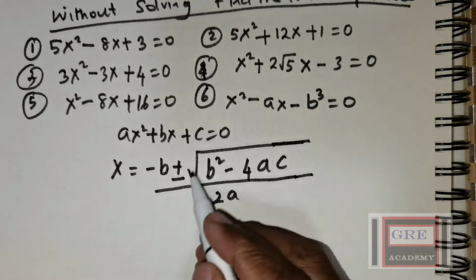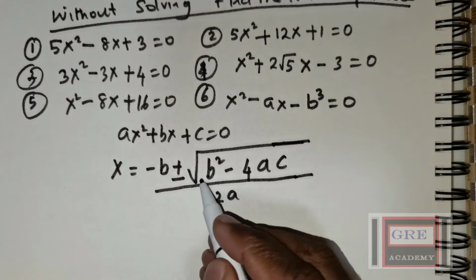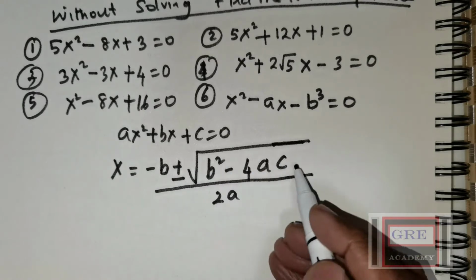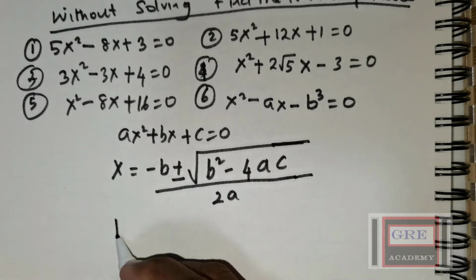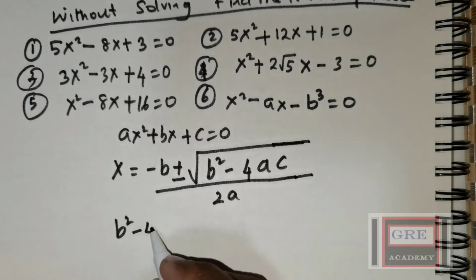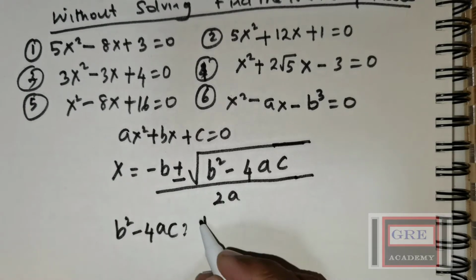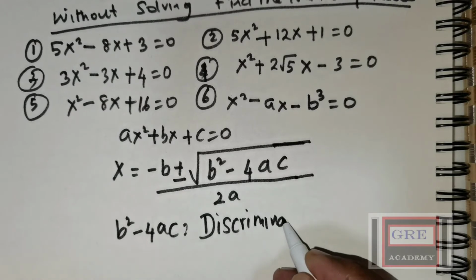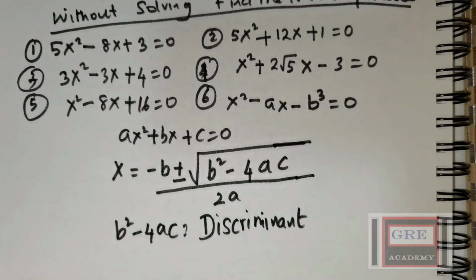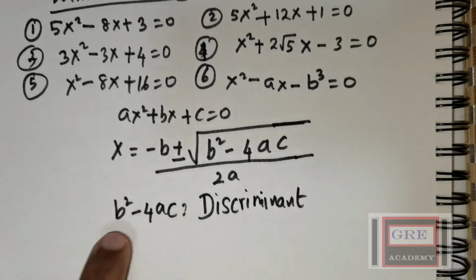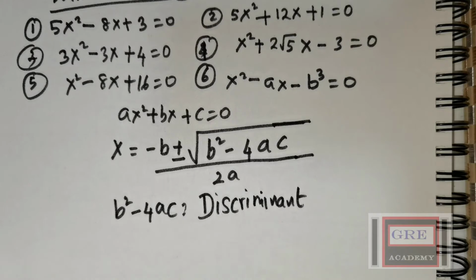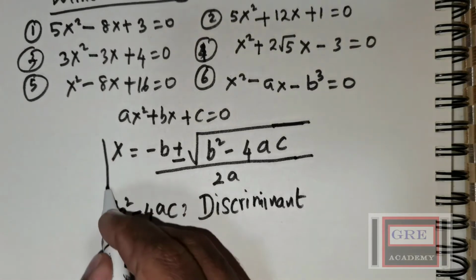What you see within this radical sign, this radicand, is b squared negative 4ac. This is called the discriminant. Depending upon the value that the discriminant takes, the nature of the roots will change. So we are going to look into that.